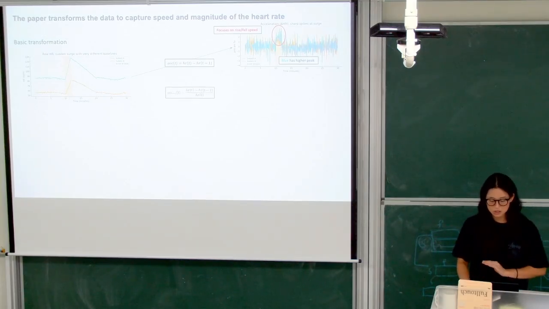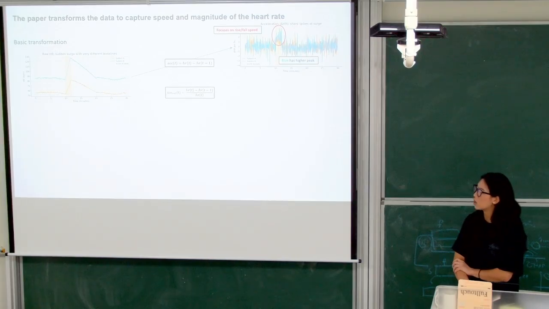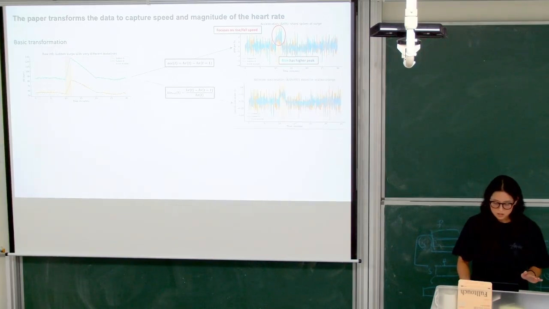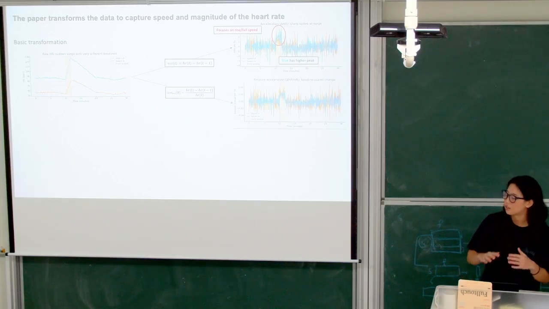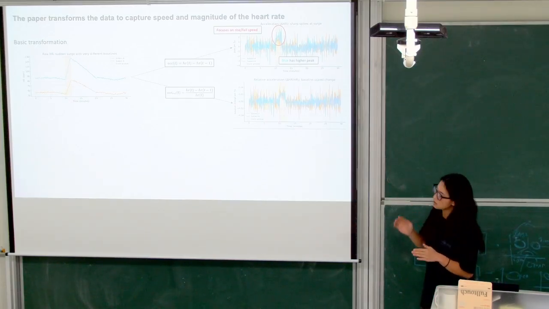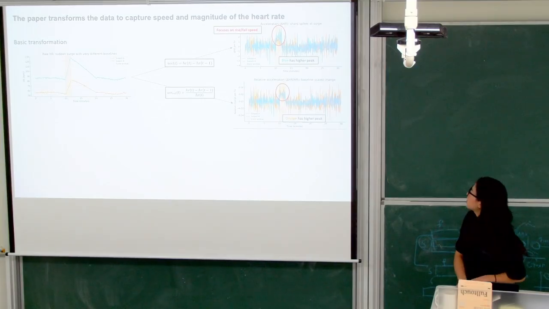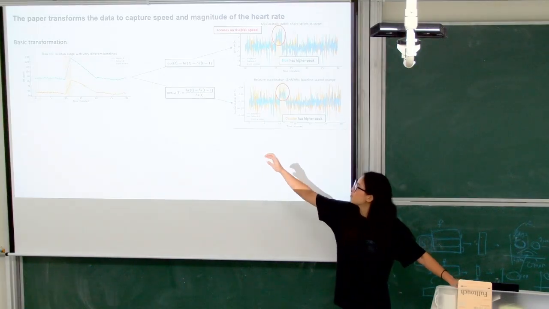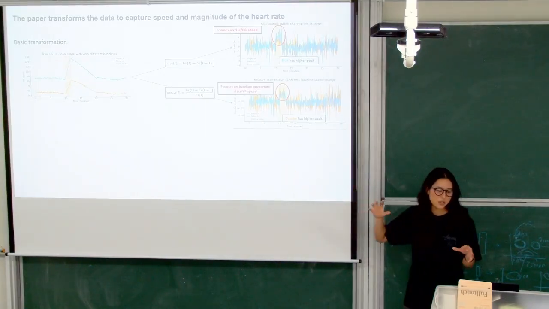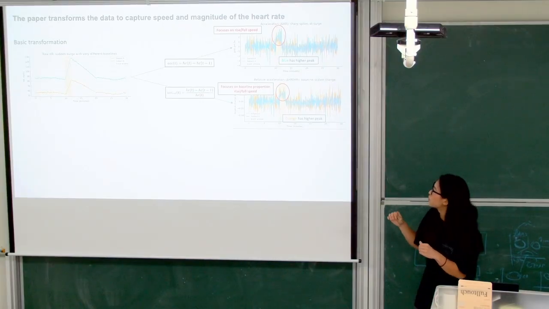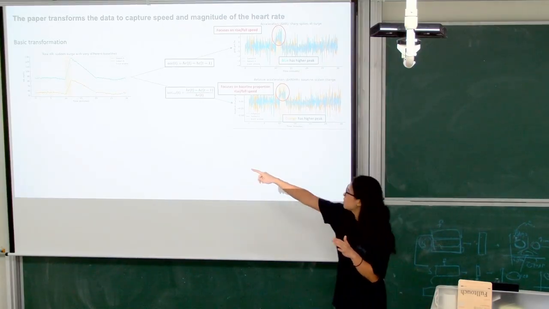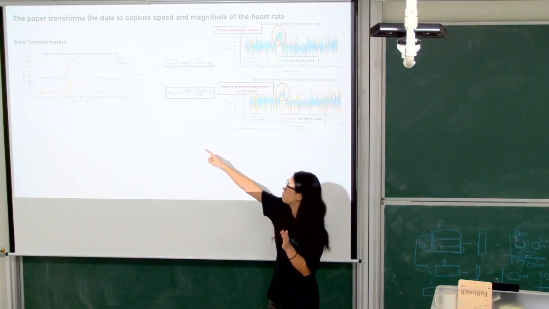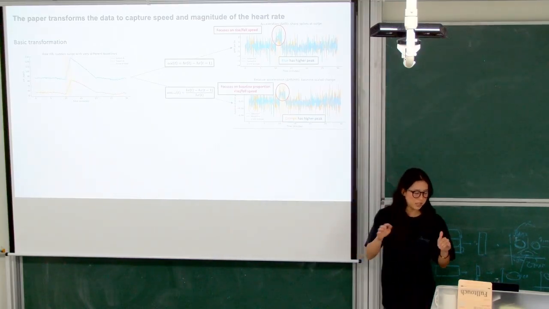It also uses something called relative acceleration, which looks like this, divided by the heart rate. As you can see, the orange one has a higher peak, and this is because it is relative to their own data. So for orange, that orange peak is more impactful than the blue peak.